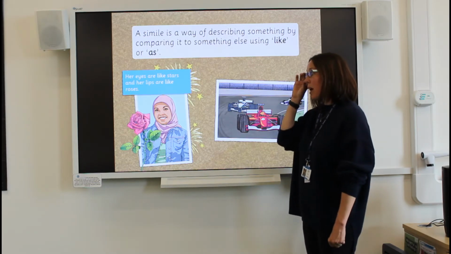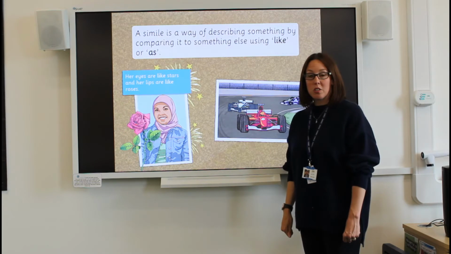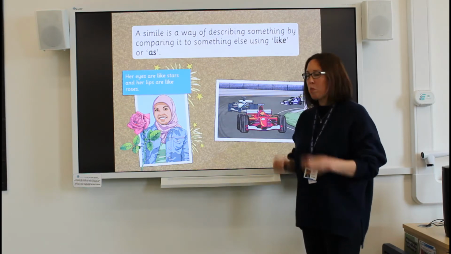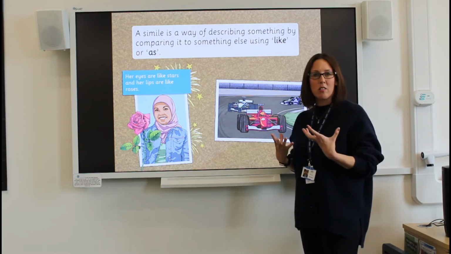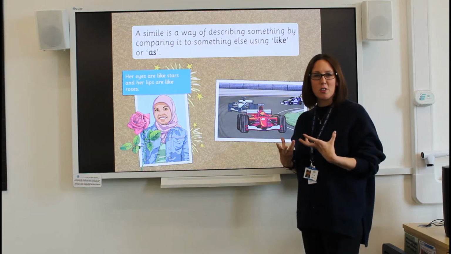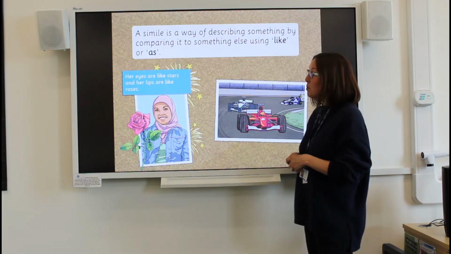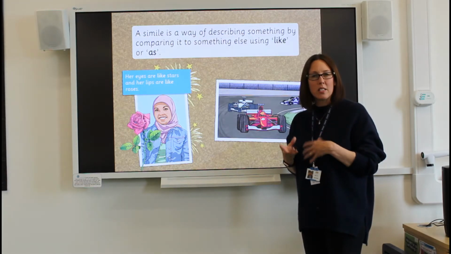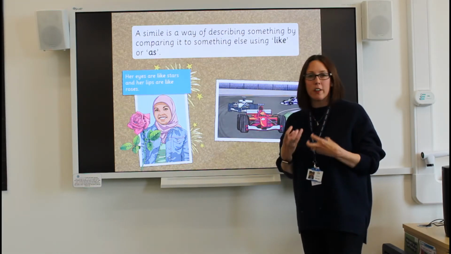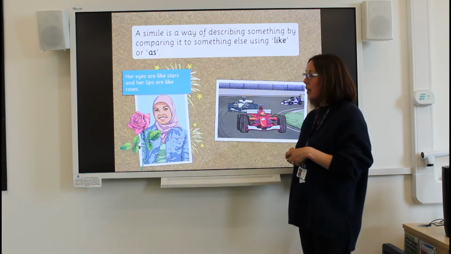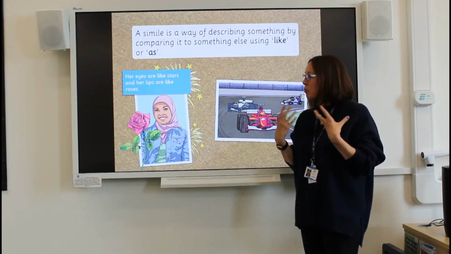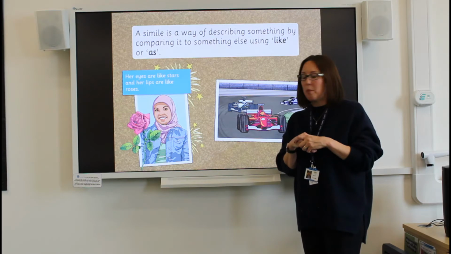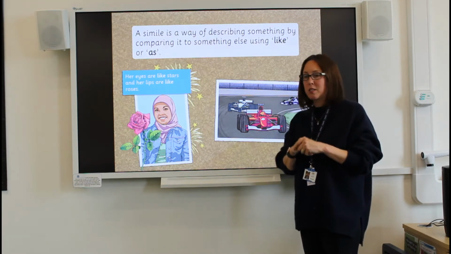So by comparing her eyes to stars, it makes us imagine that they are bright and that they sparkle, doesn't it? Just like stars do in the night sky. And by comparing her lips to roses, it makes us draw upon our understanding of what roses look like. Sometimes they're very vivid red or a bright pink. So again, it helps to create that picture that they're a really vivid part of her facial features.